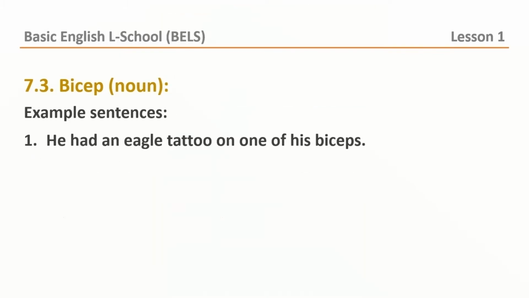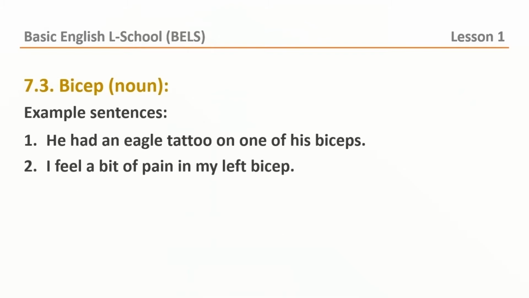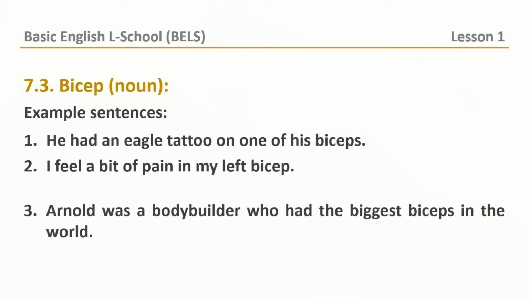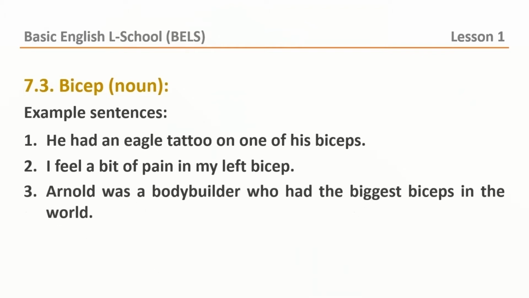Example sentences. He had an eagle tattoo on one of his biceps. I feel a bit of pain in my left bicep. Arnold was a bodybuilder who had the biggest biceps in the world.